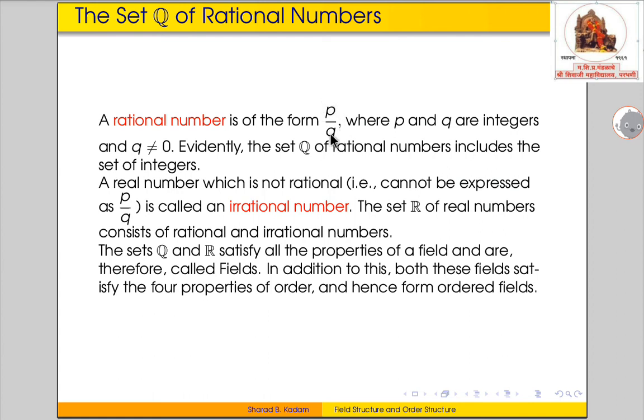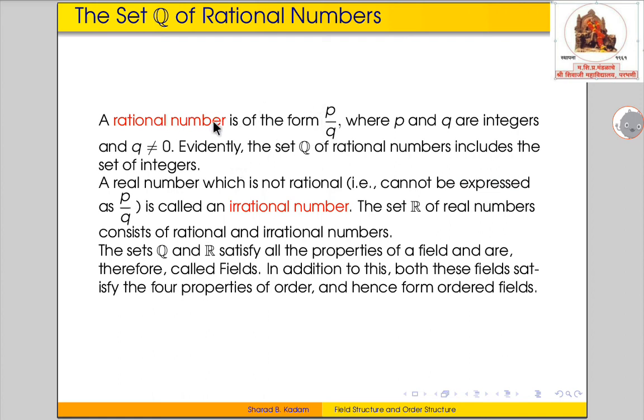Here we must have GCD of p and q equals 1, and we know that if the GCD of any two integers is 1, then they are called relatively prime or co-prime.